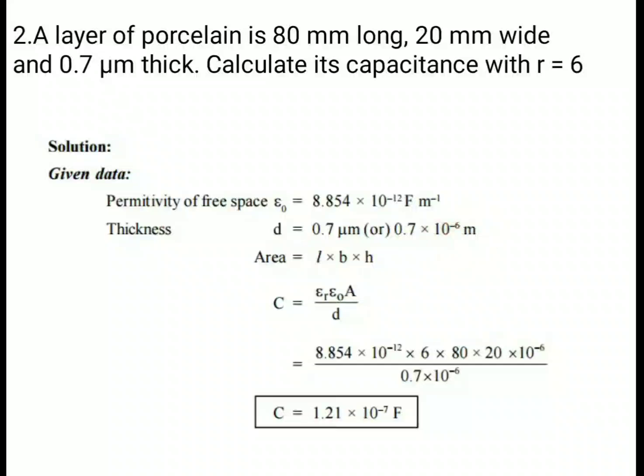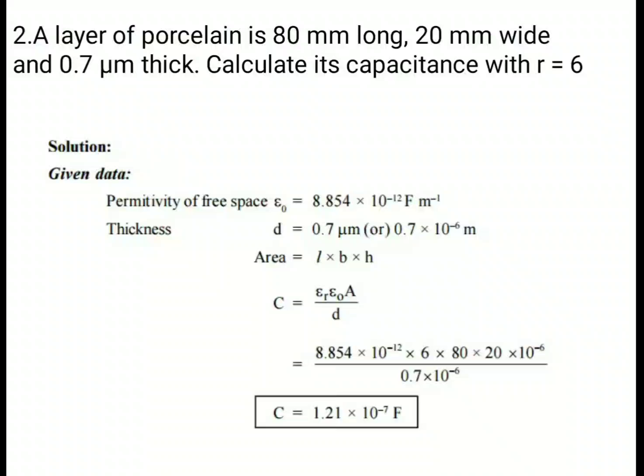Now the capacitance formula is C is equal to epsilon r epsilon naught A by D. Now substitute the value of epsilon naught, that is 8.854 into 10 power minus 12, and epsilon r value is 6, and area is 80 into 20 into 10 power minus 6.